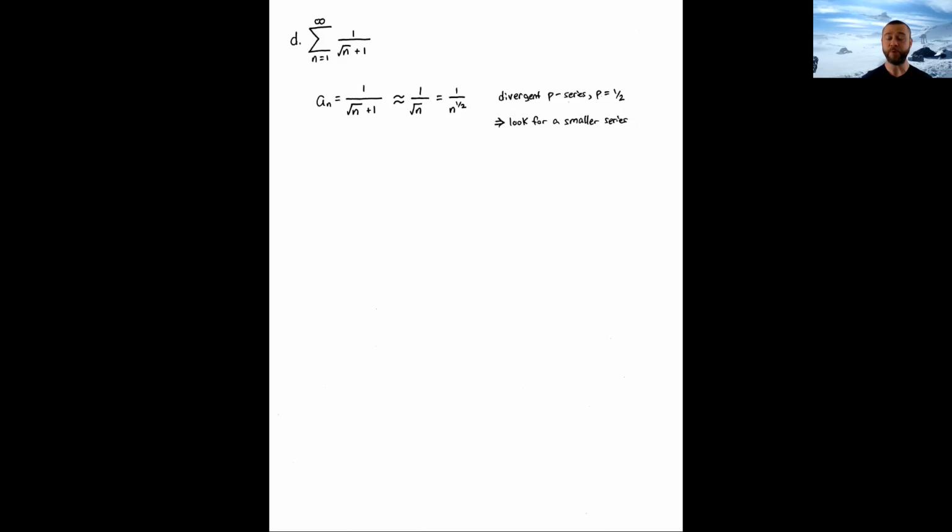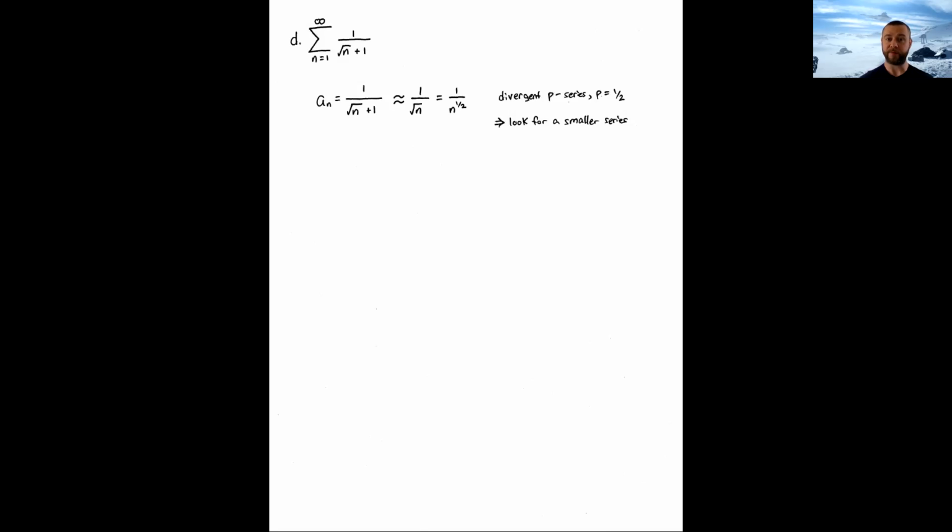That would put this into the divergent case for the p-series. Recall when the power is less than or equal to 1, the p-series diverges. Now, what does this large n estimation term suggest for us? It suggests that our infinite series behaves like a divergent p-series.